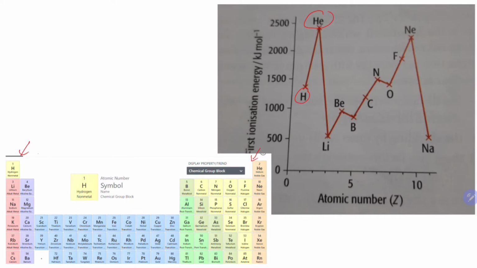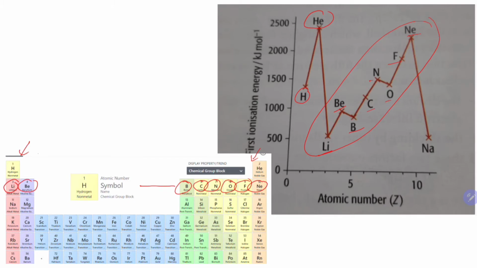Then you have lithium, beryllium, boron, carbon, nitrogen, oxygen, fluorine, and neon. Here are the elements in the same period. So they are in one period.